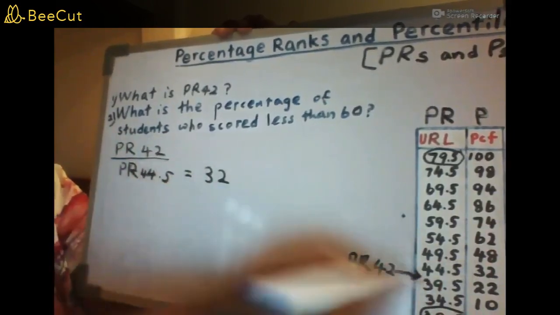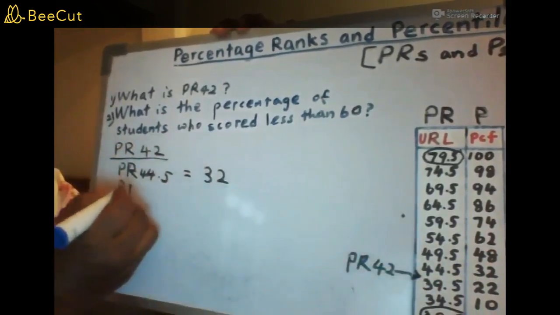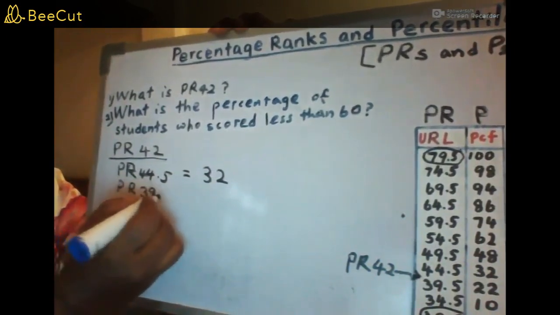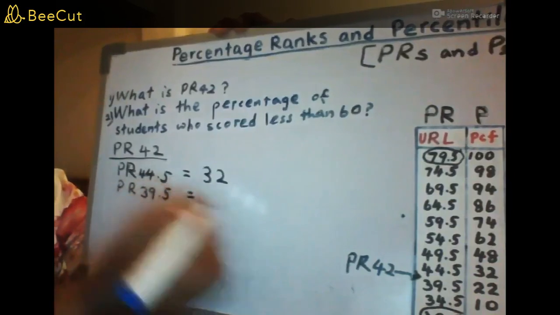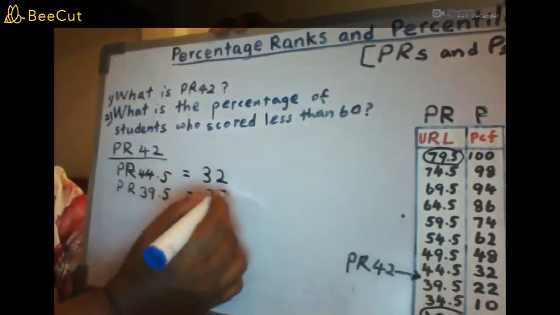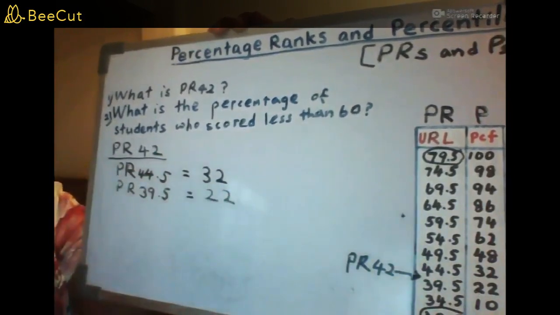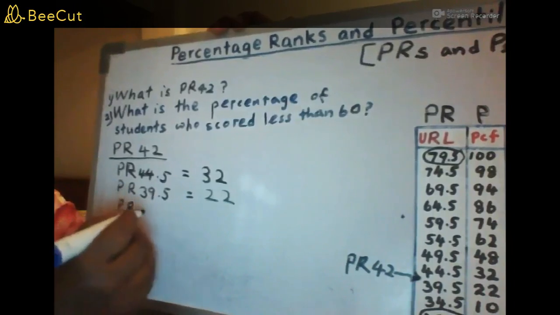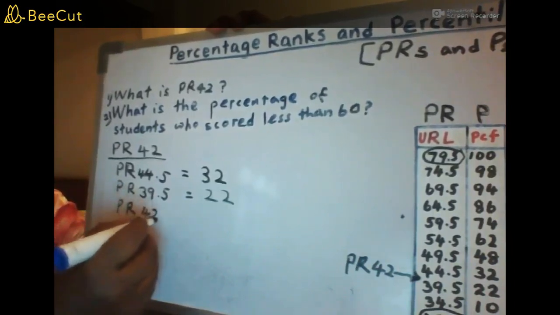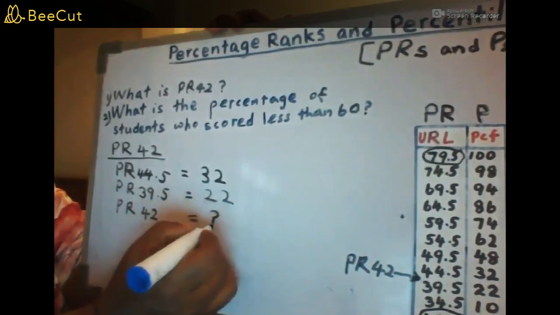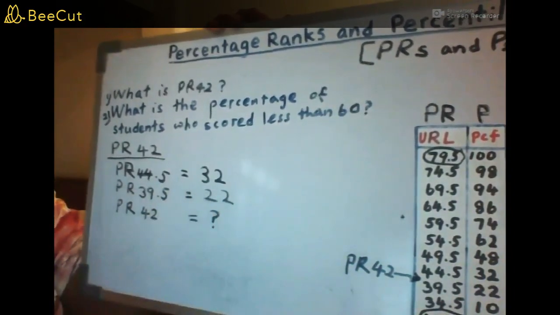Then the lower one, PR 39.5. What is that? 22. We have to find PR 42. Do we know this? No, that's what we'll have to find. Put a question mark.